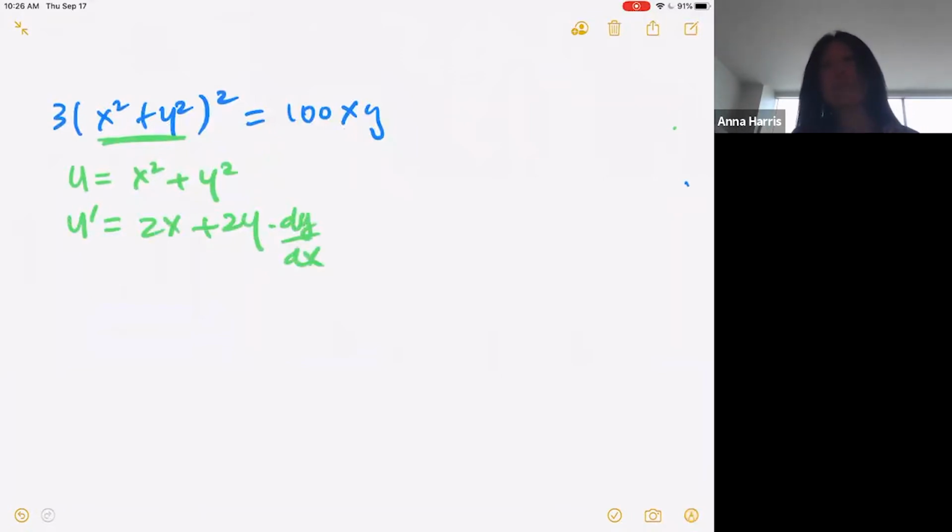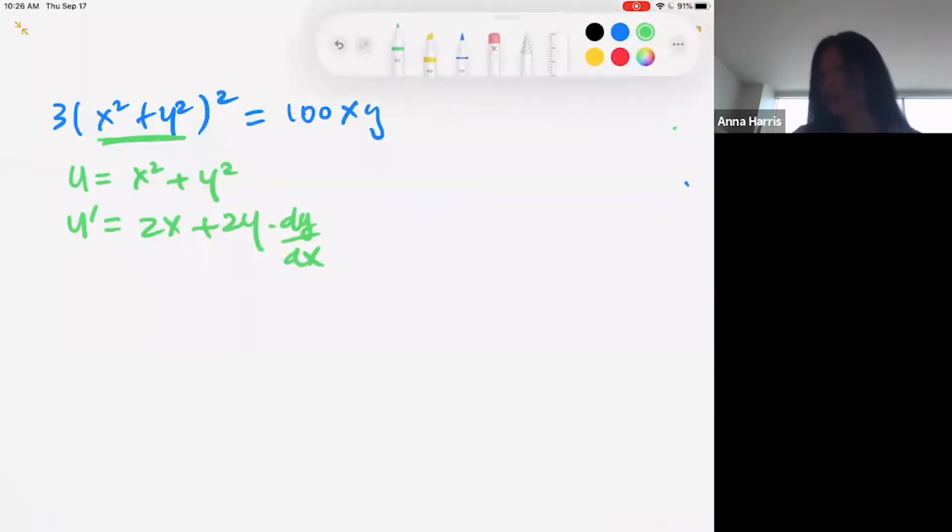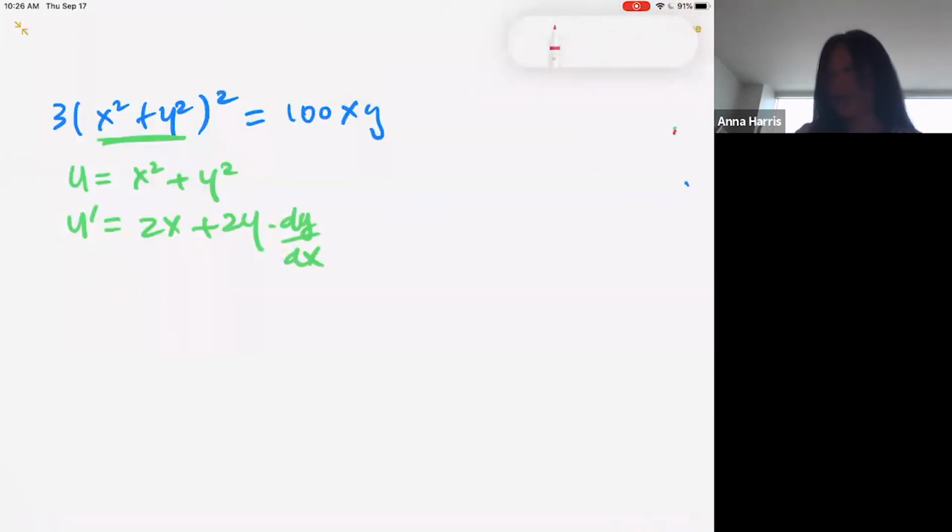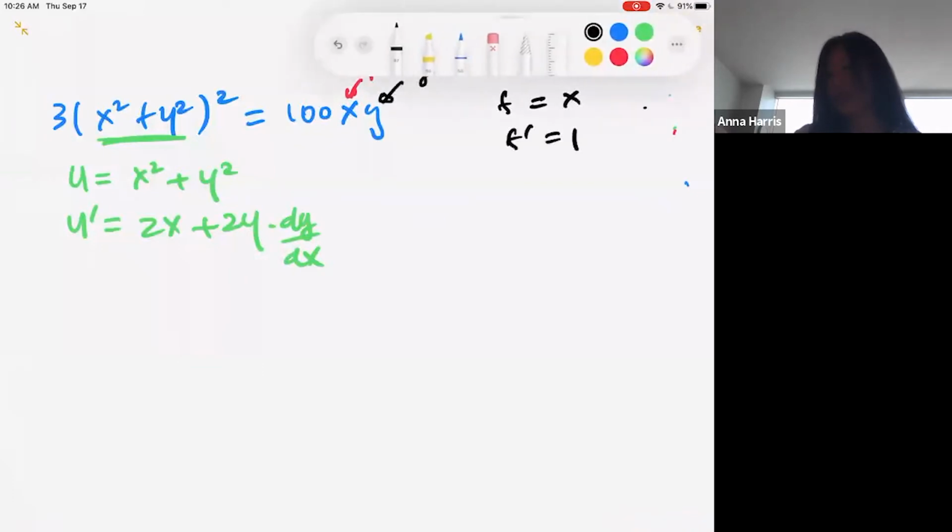So we got that. I'm just going to write this down so you remember. We have to do one piece at a time. I'm also going to call this my f and this my g. Then f is equal to x, f prime is equal to 1. Oops, I used the wrong color.